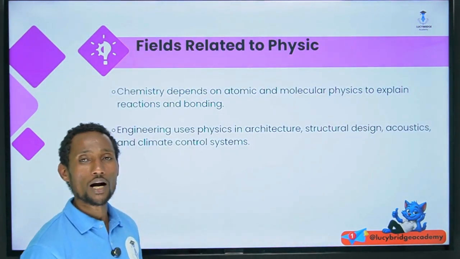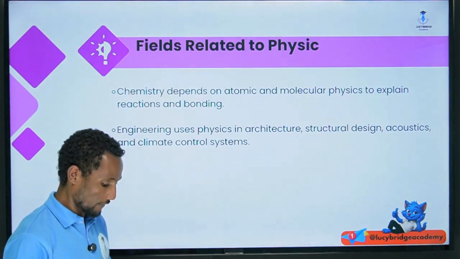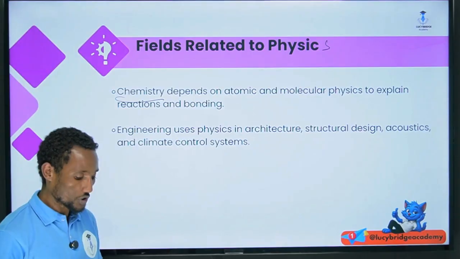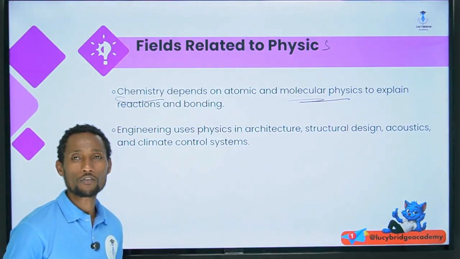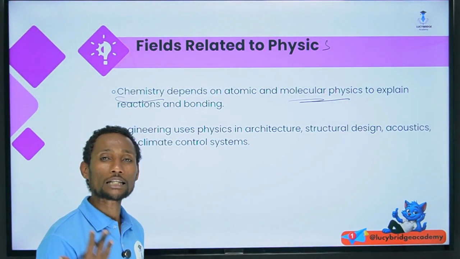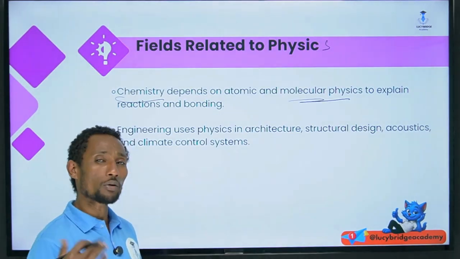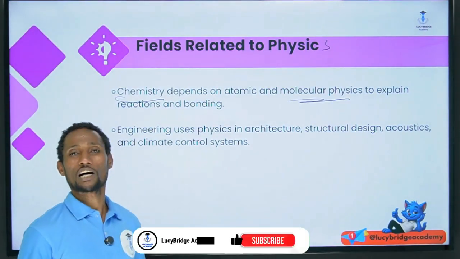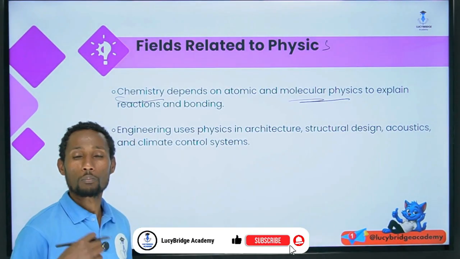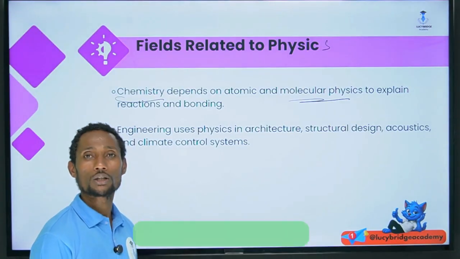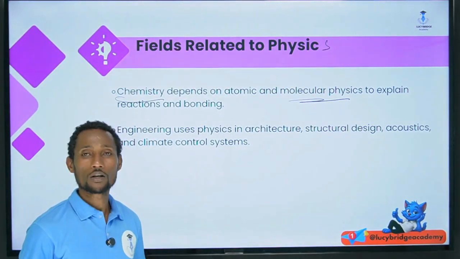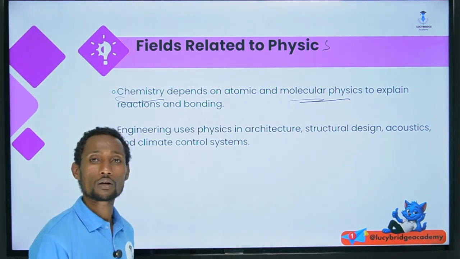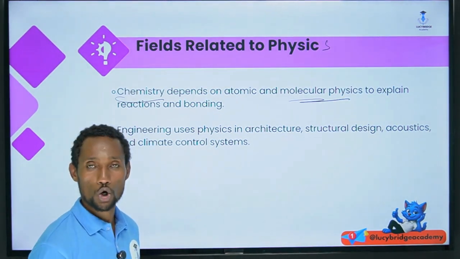So there are fields which are related to physics, such as chemistry, which depends on the atomic and what? The molecular physics. By having the atomic physics and the nuclear physics, which relate with chemistry, having their atomic reaction, molecular reaction, and nuclear reaction, which depend on the relationship with the field, having the chemistry concepts and the basic physics concepts.